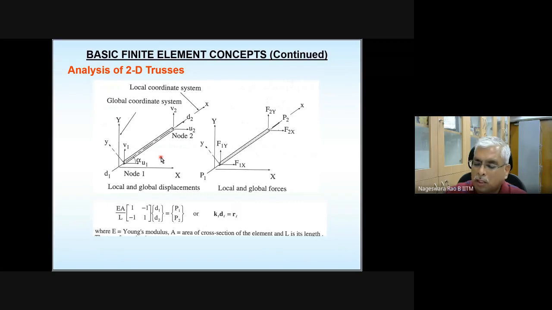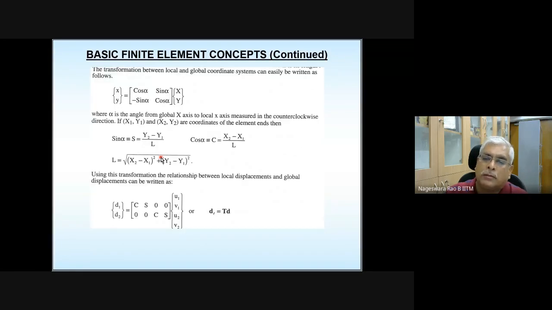You have a simple transformation relation: how small x, small y are related to capital X, capital Y. Please note that these are called direction cosines.